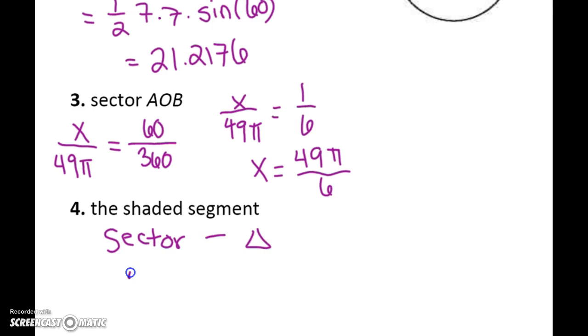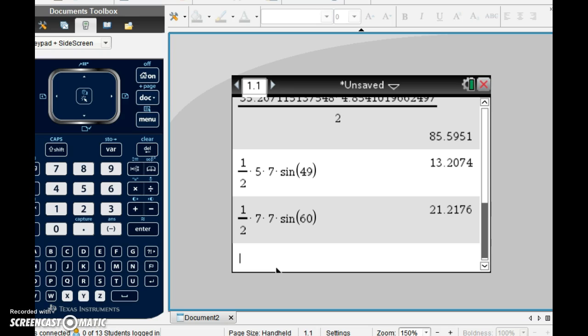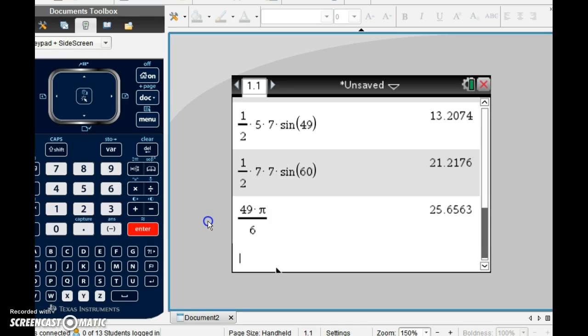Now my sector we found was 49 pi over 6, and my triangle was the very ugly 21.2176. I'm going to hop back into my calculator because I've got that number stored in my calculator. I'm going to do 49 pi over 6, and then I am going to subtract the area we found before.